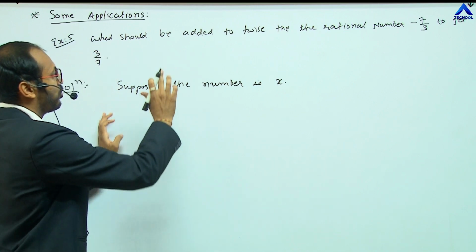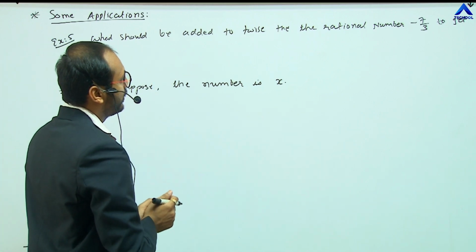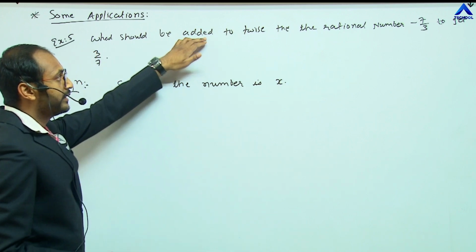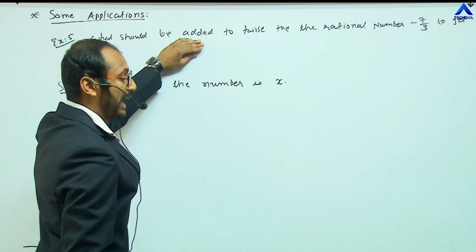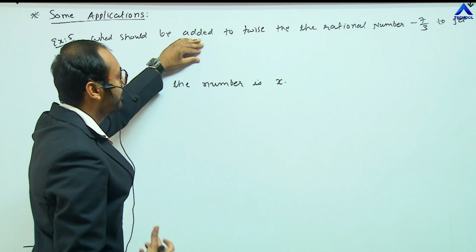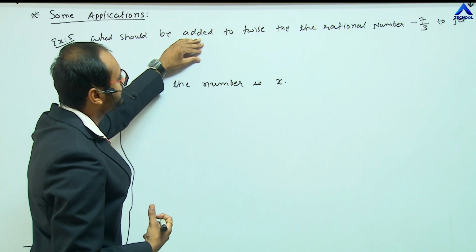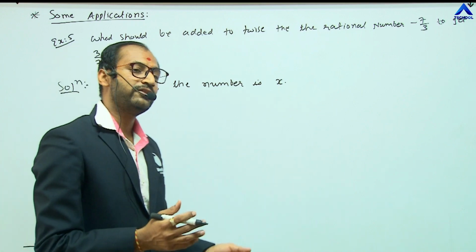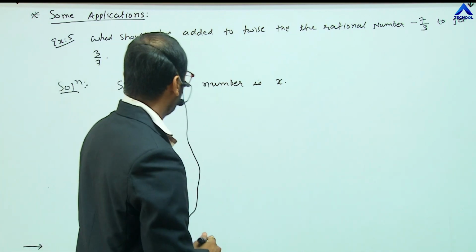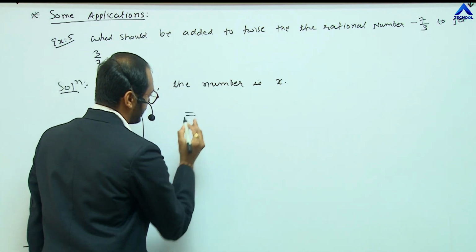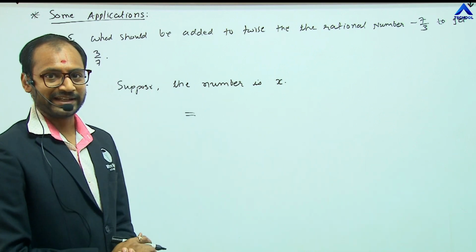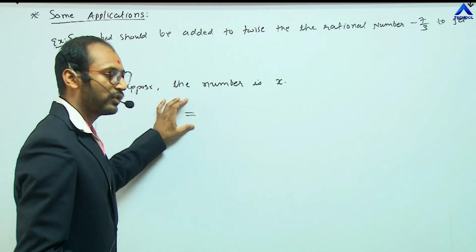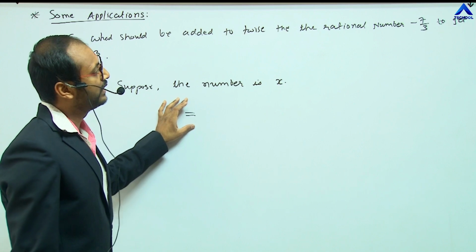Now, according to the question, the mathematical process, the operation we should perform, is addition. So let me form an equation. We have to put the sign of equals first, that is a must for an equation.